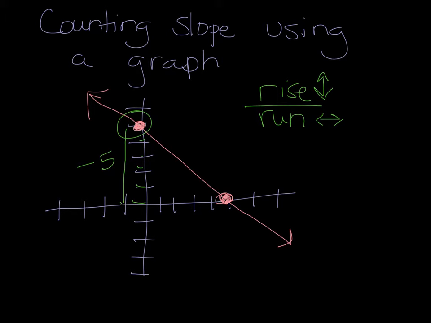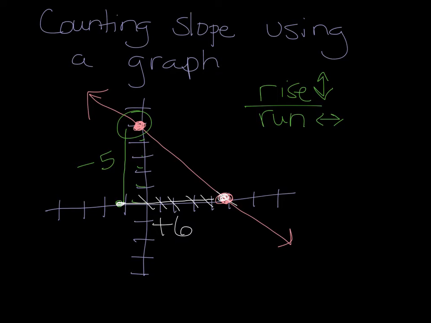Now I'm trying to get to the other point, so I have to go this way: 1, 2, 3, 4, 5, 6 to the right, so that is positive 6.